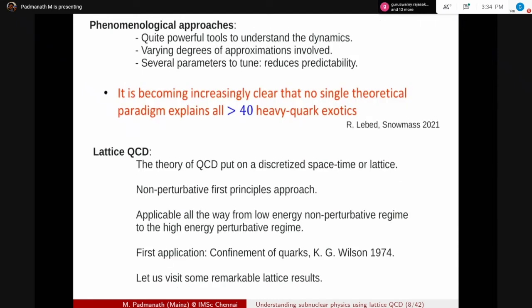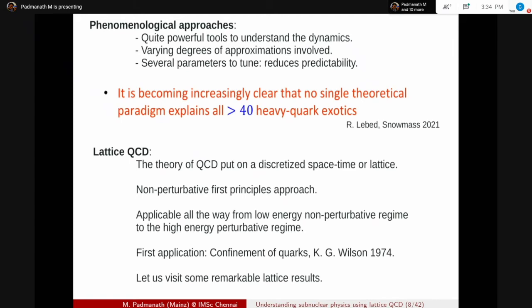So they are really quite powerful tools to understand certain aspects of the interaction, and this includes varying degrees of approximations in each of these models. And the main disadvantage is that there are several parameters to tune in most of these models, so that reduces the predictability of these models.